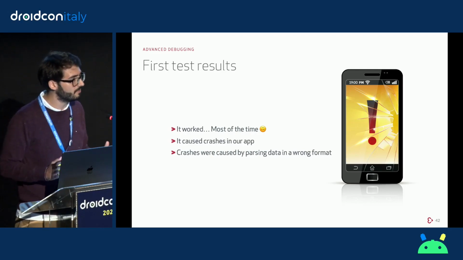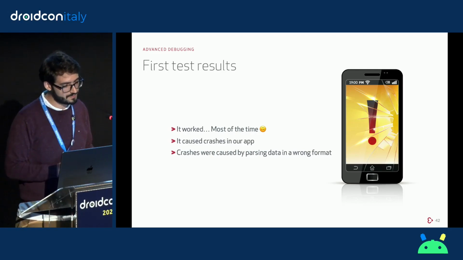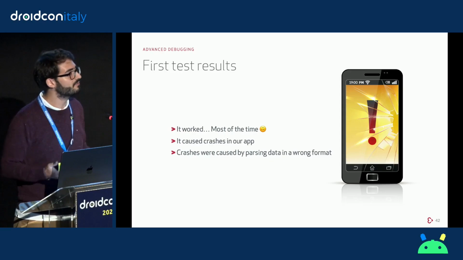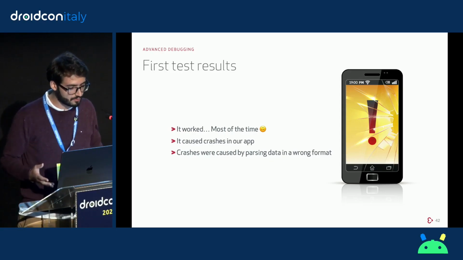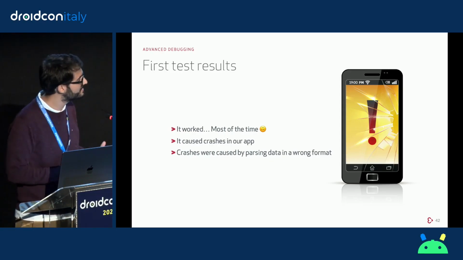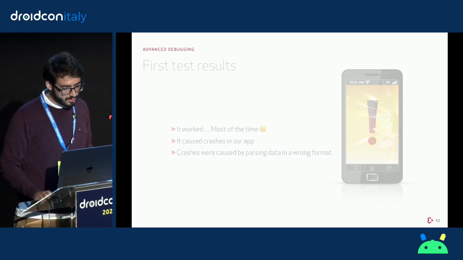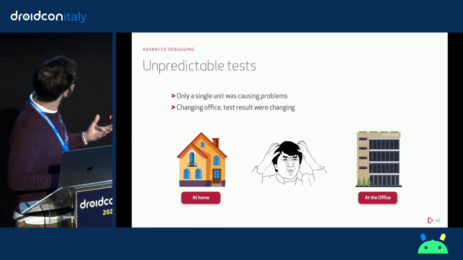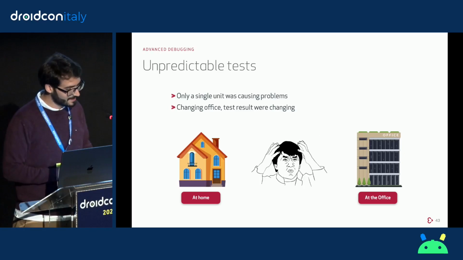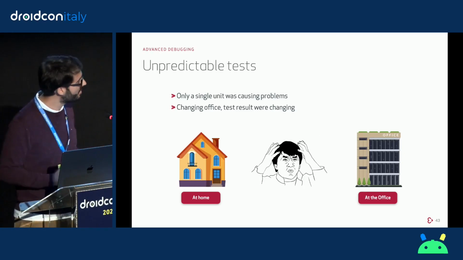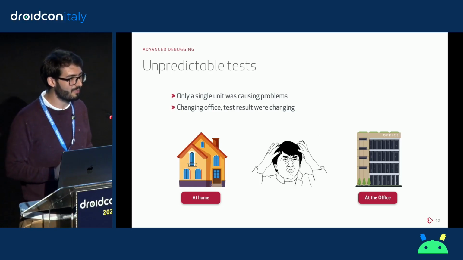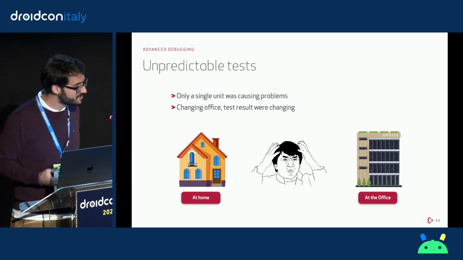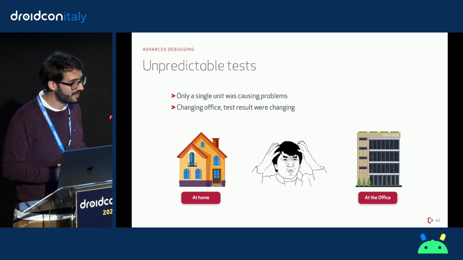We have a specific data format, and for some reason the data format wasn't respected sometimes. So I started working on it, and the very strange thing was that the problem happened just at my home. When I went to the office to test it with a firmware developer, it stopped happening.